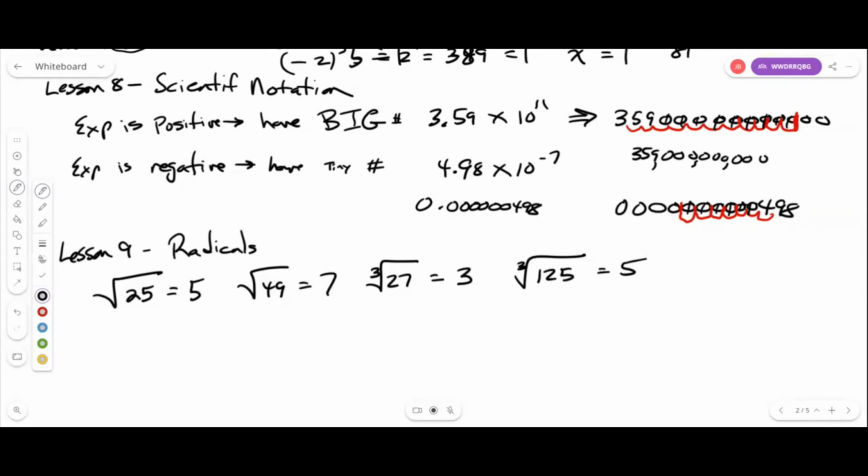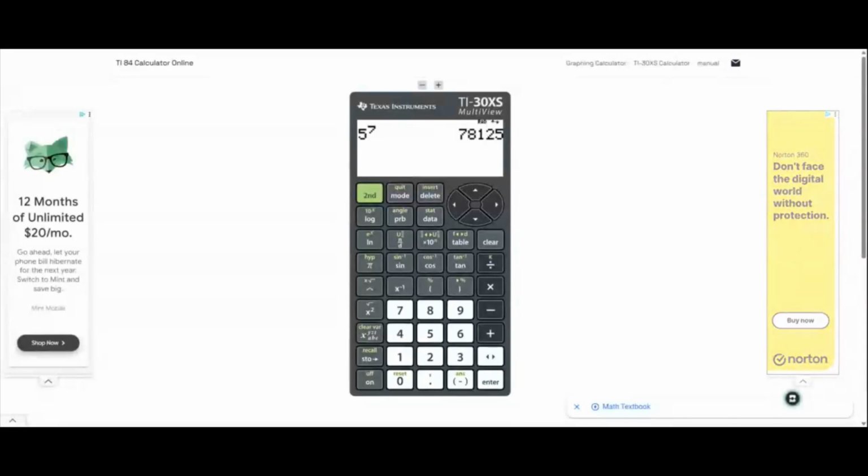We also learned that we can do roots that are even higher. So I could do the 5th root of 3279. And on our calculator, we learned that since we're doing 5th root, I would put the 5 in first.